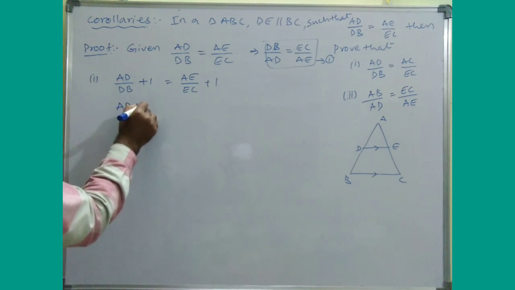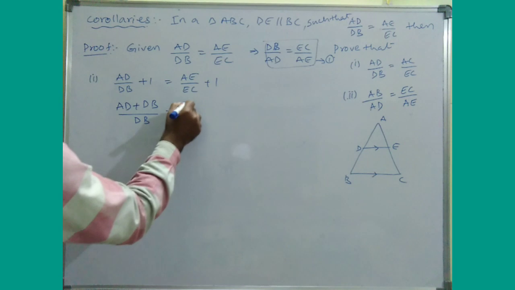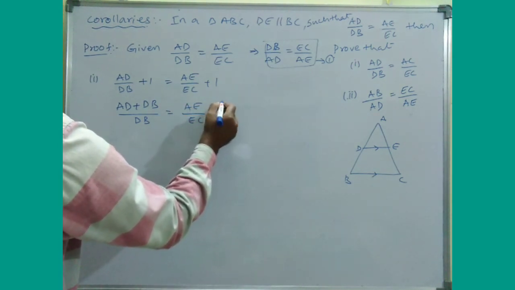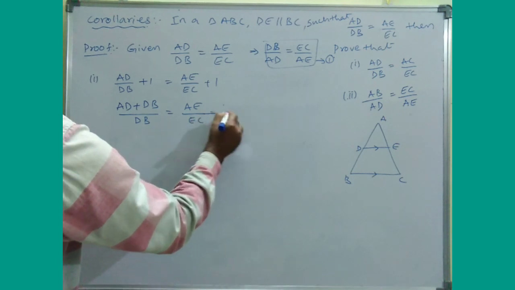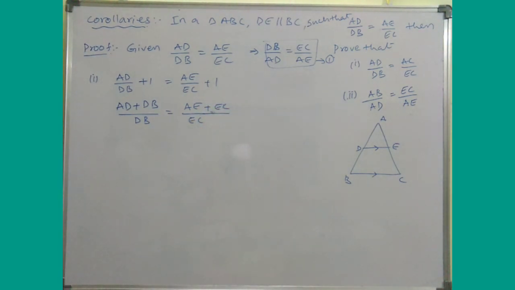So this is AD plus DB by DB is equal to AE plus EC by EC.